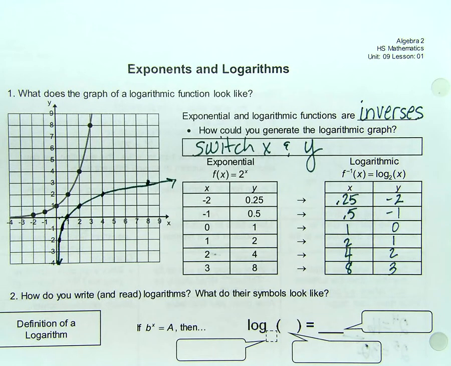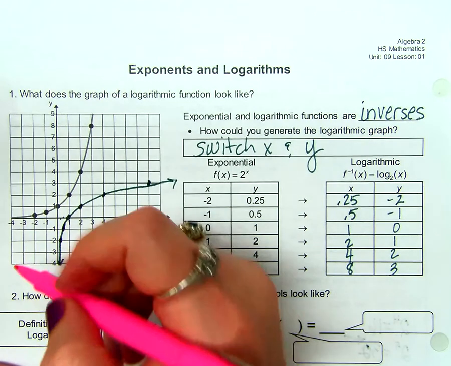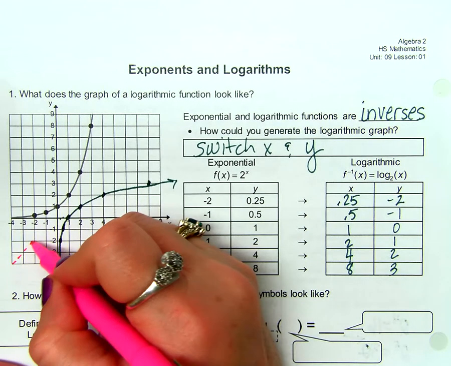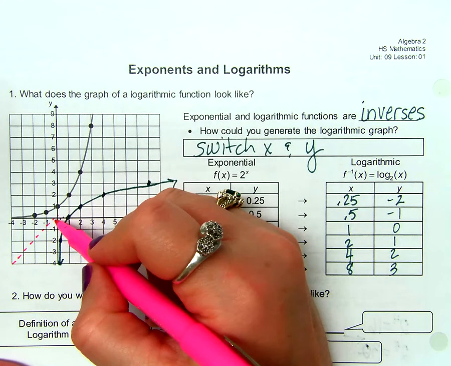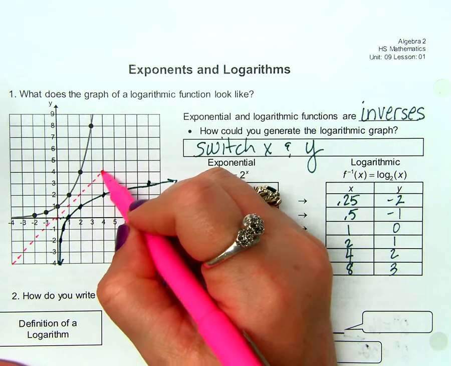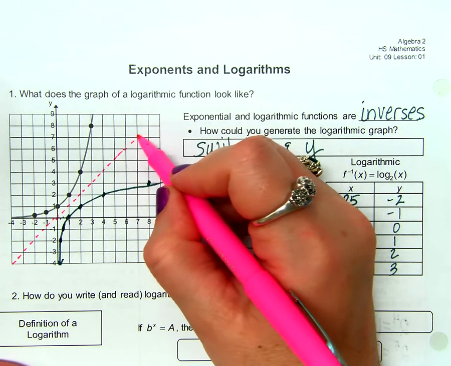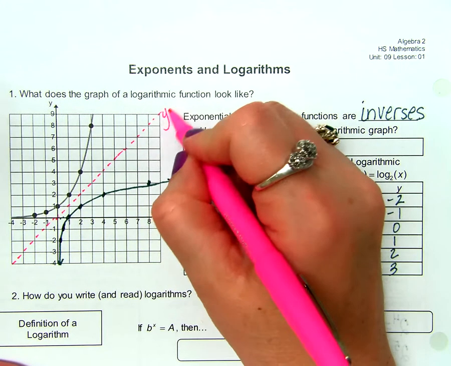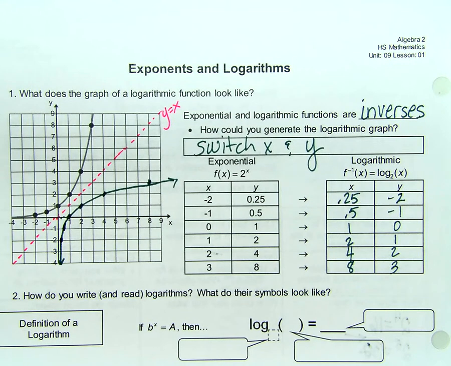Did we just prove to ourselves that these are inverses of each other? How? Yep, it's reflected across the line y equals x. Okay, if I folded across that line, those two functions would be right on top of each other, wouldn't they?